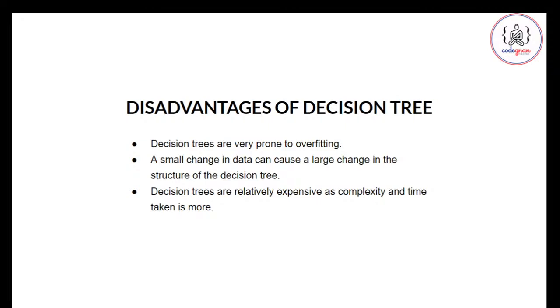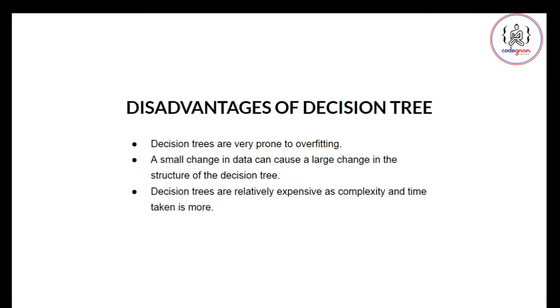So if you make a small change in your data set, your decision tree is most likely to change its structure. Decision trees are also relatively expensive, as the complexity and the time it takes to train this model are more. So these are some advantages and disadvantages of decision trees.